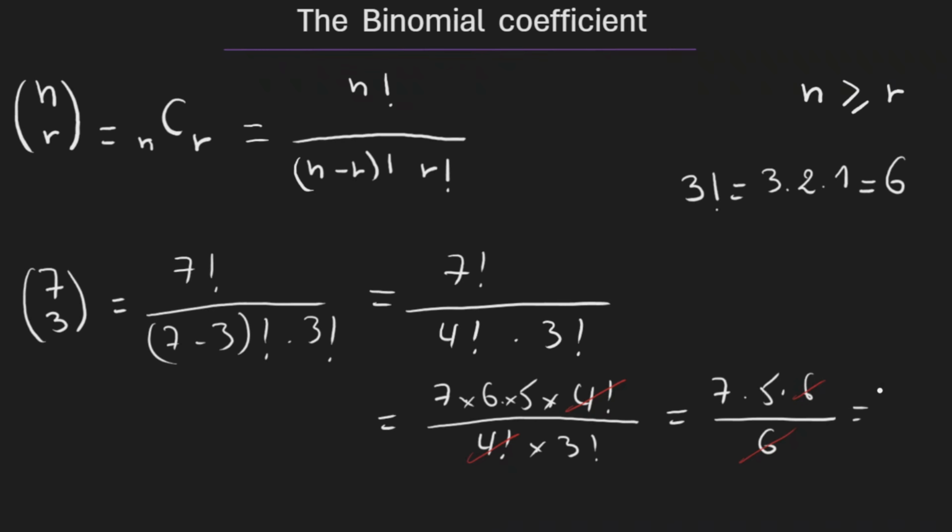Therefore we have 35. So the value of this binomial coefficient 7 above 3 is equal to 35.